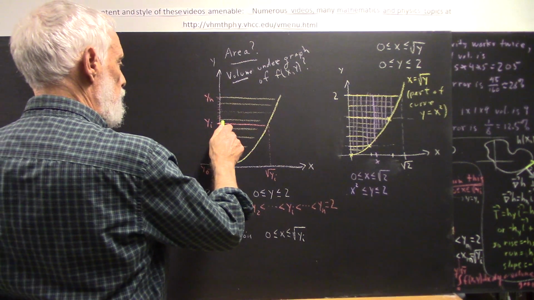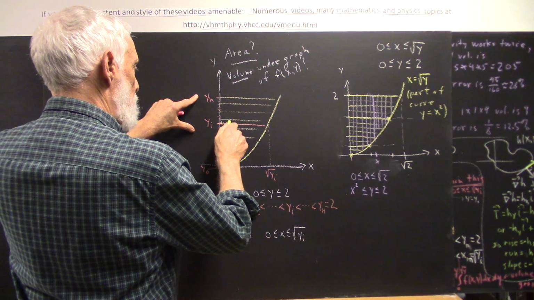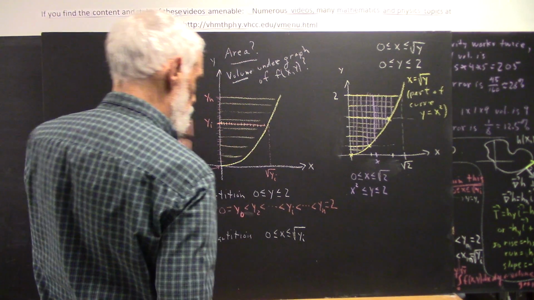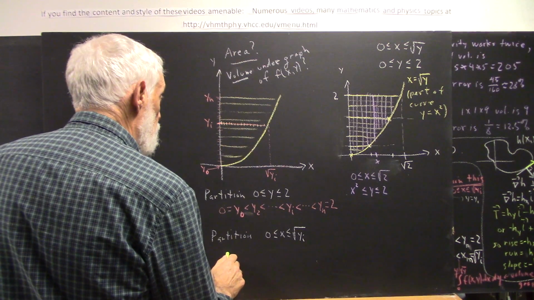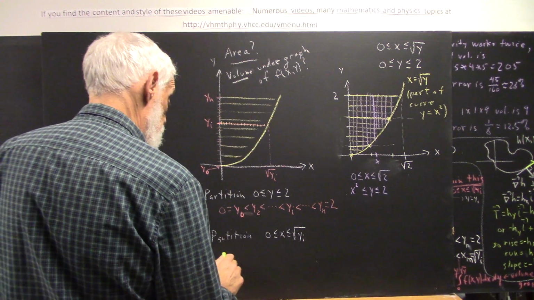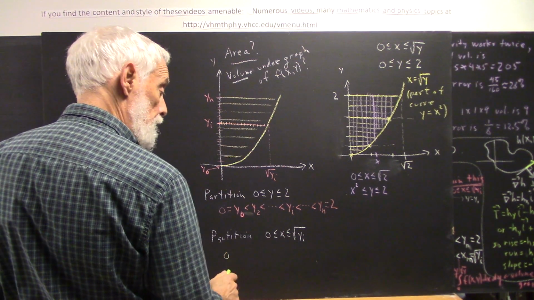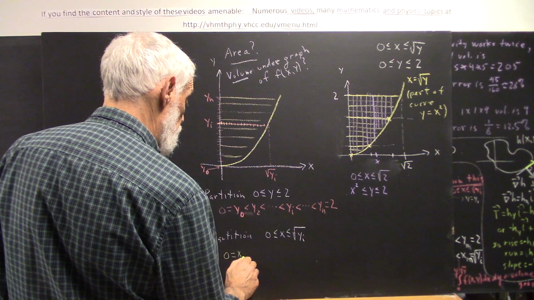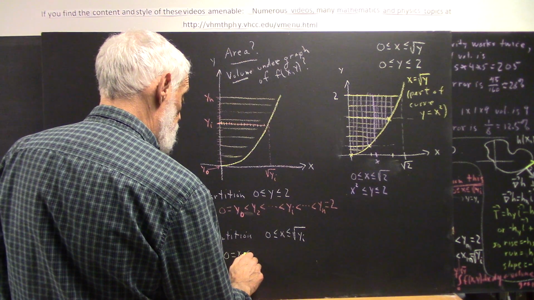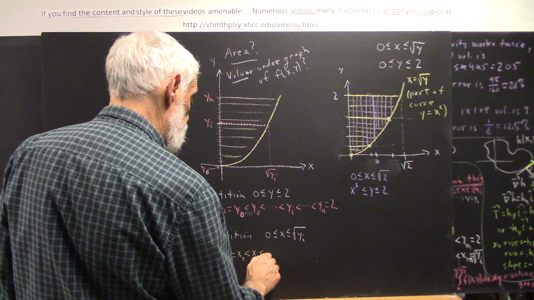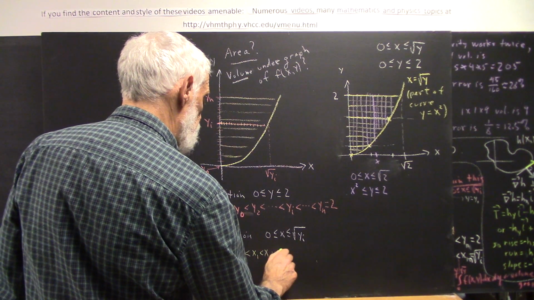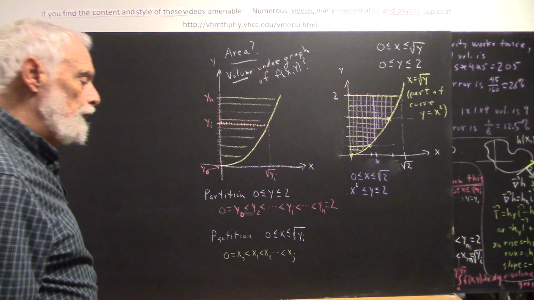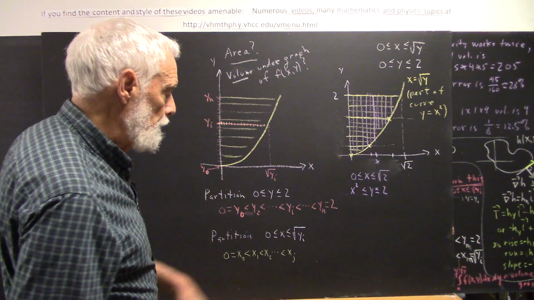So I'm going to use green to indicate that, and I'm going to say, okay, let's see, the interval goes from 0 up to what? Well, 0 is going to be our first value of x, and that's going to be less than x1, less than x2, etc. and we'll have some value of x, which I'll call x sub j, again, for some arbitrary index.